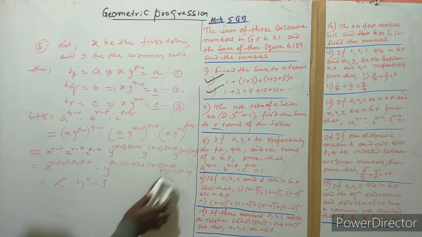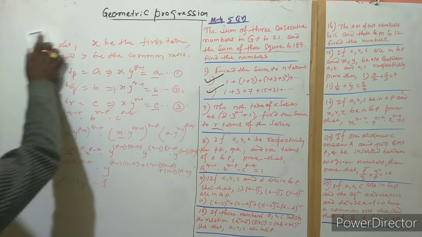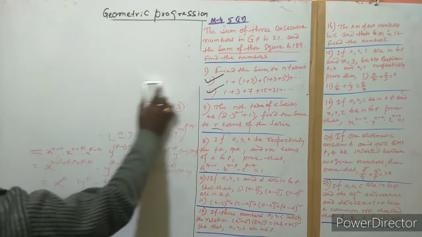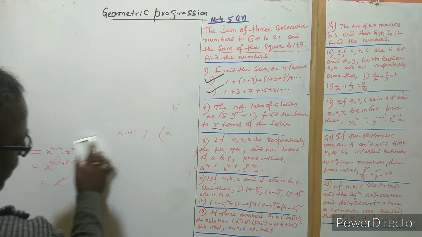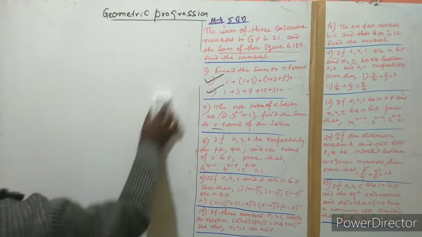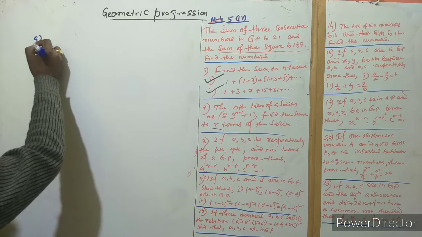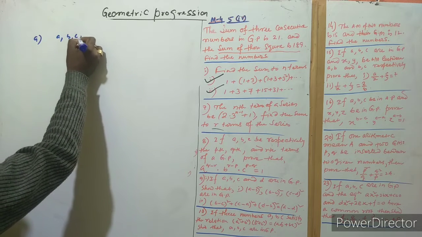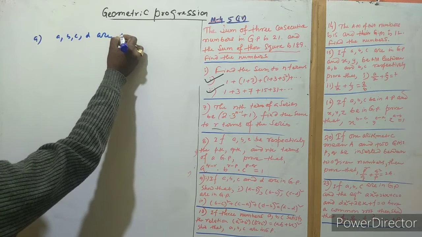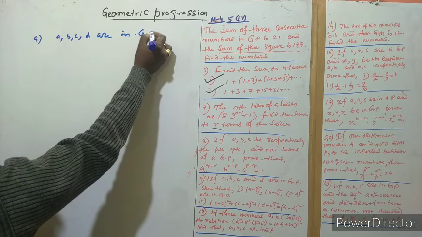See carefully. Now we have to solve the question number 9 here. a, b, c, d are in GP.